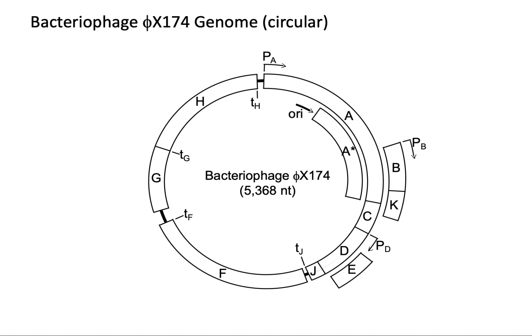So even though this is a small genome and a very simple virus, you can see that there's been fine-tuning through evolution to produce RNAs and proteins in the proper amounts at the proper times, so that this virus can go through its infection cycle, make new particles, burst the cell, and then those particles go on to infect new cells that have been uninfected.